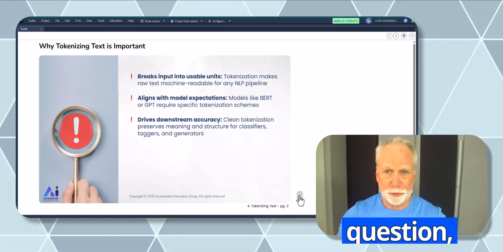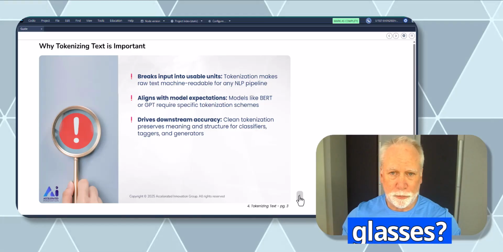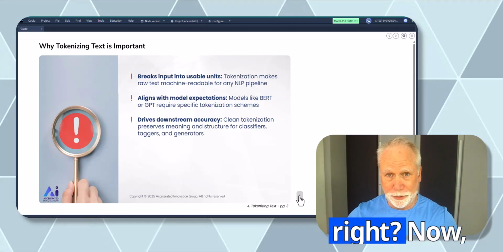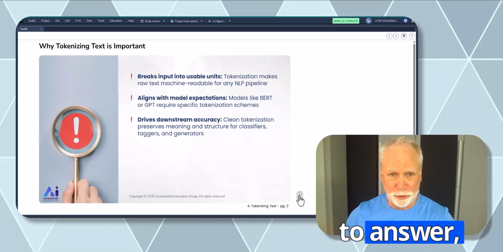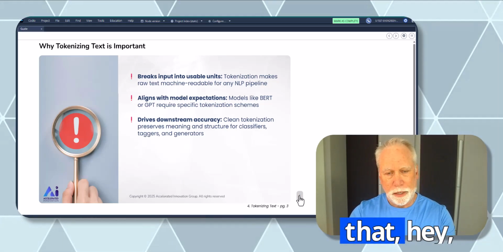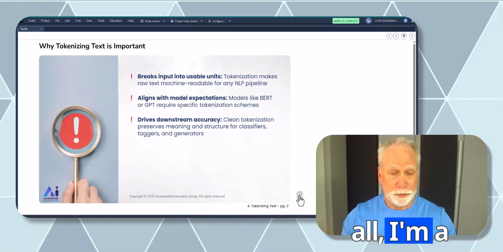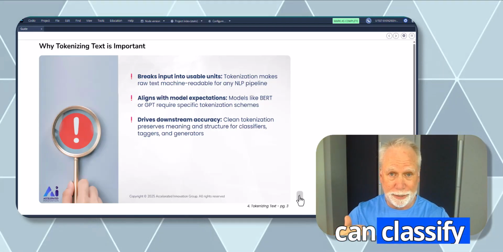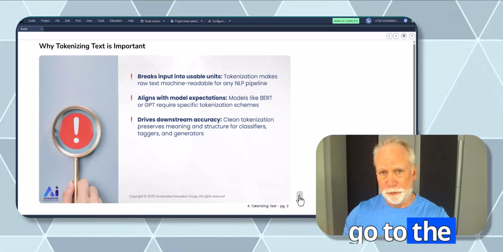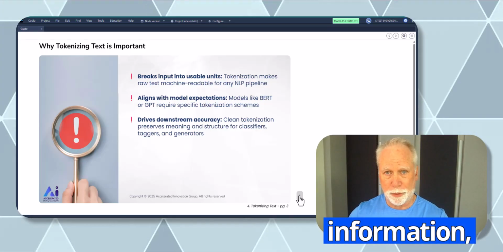Like if I ask a question, hey, does my policy cover my glasses? Well, first of all, what are you talking about, right? An LLM is not going to know how to answer that question. But if I can infer the meaning and understand that, first of all, I'm a person, I come in, I can classify me as a client or a subscriber. And so now I know if I go to the subscriber database, I can get information about me.